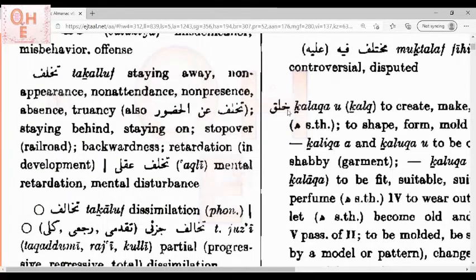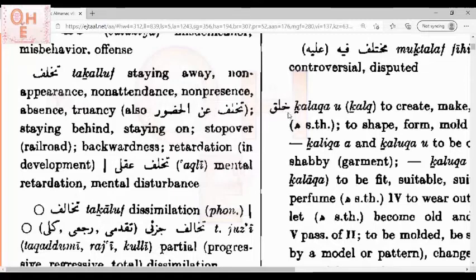Over here we see Kha, Lam, Qaf. So this is the transliteration for the past tense, third person singular male active past tense. So what's the pattern? Khalaqa. Okay. Now this is the vowel for the lam, the second root letter. And I'm going to construct the present tense. How?